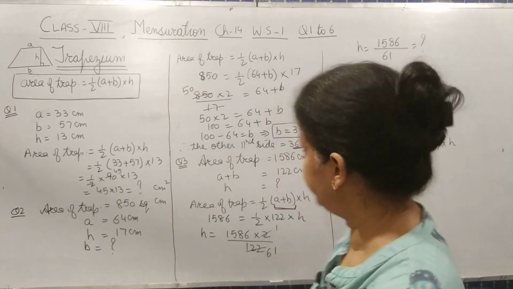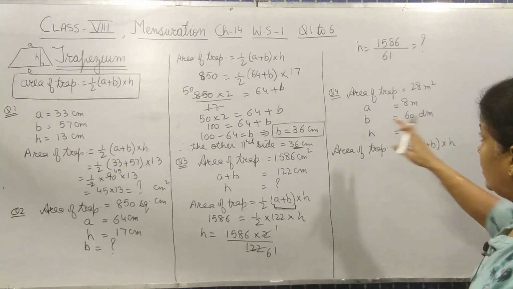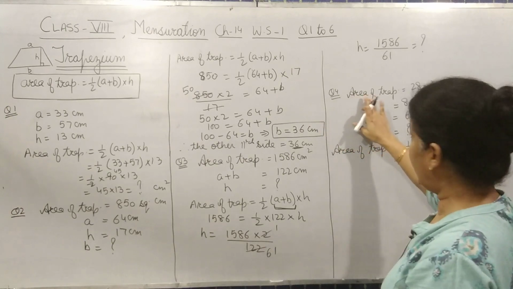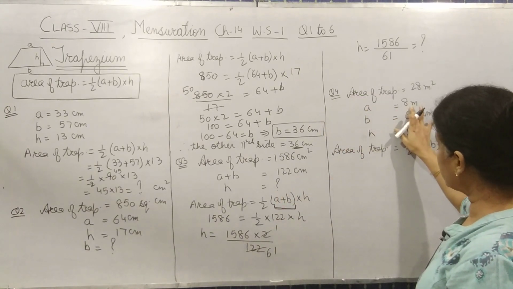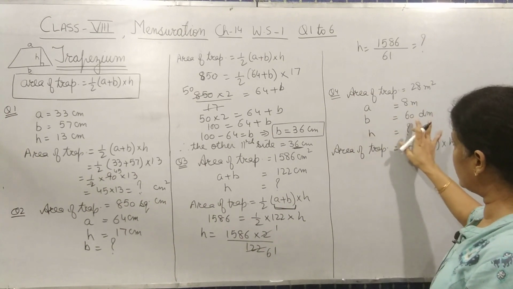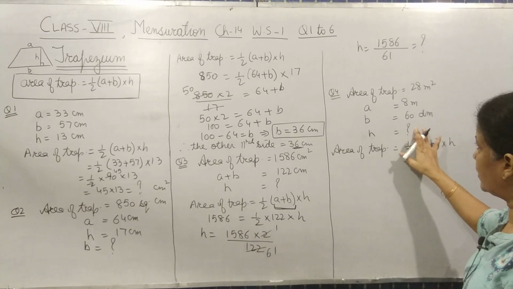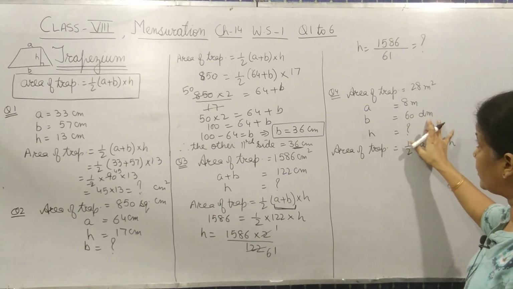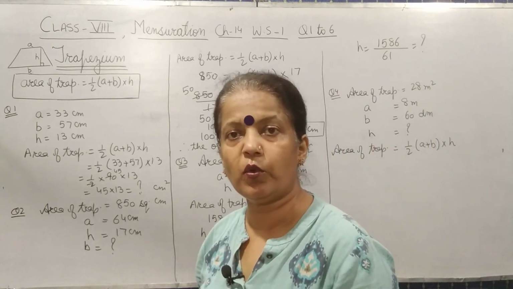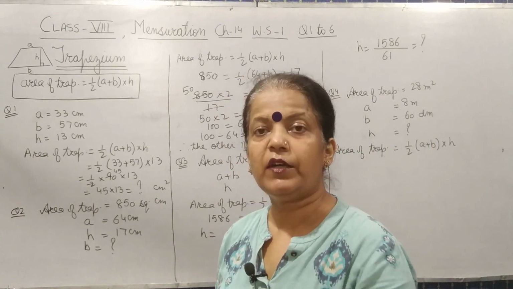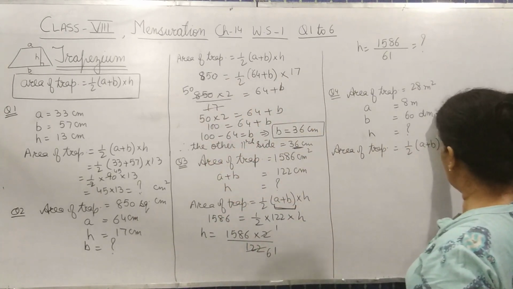Is it clear? Okay. In question 4, the area of the trapezium is given. One parallel side is 8, another parallel side is 60 decimeter, and you have to find the height. Now look, this is decimeter and the other things are given in meter. So what will you do? You will convert decimeter into meter.